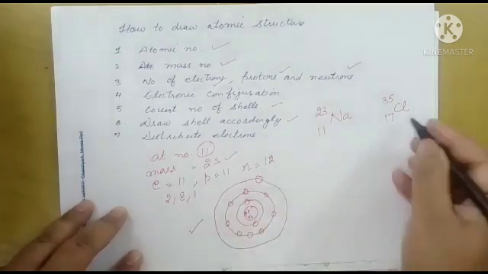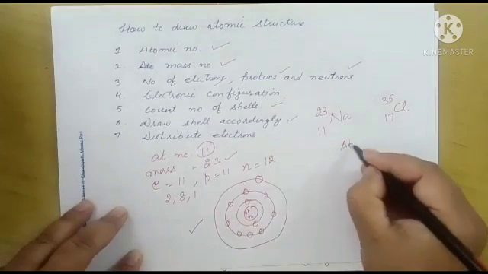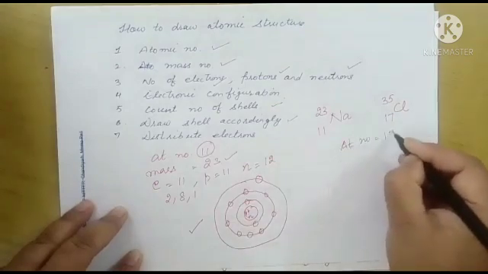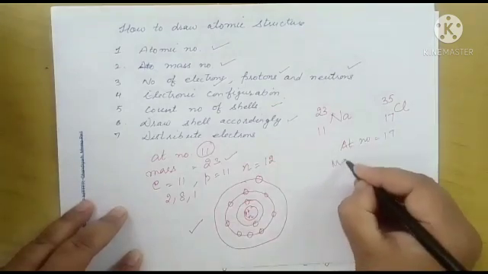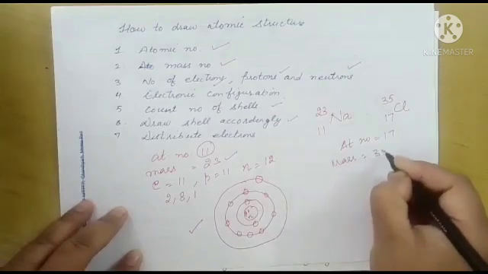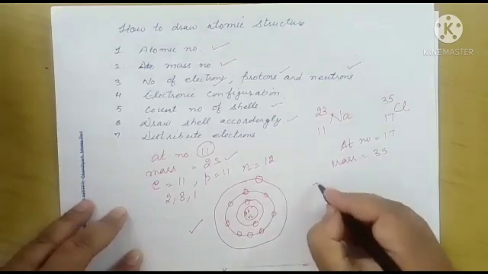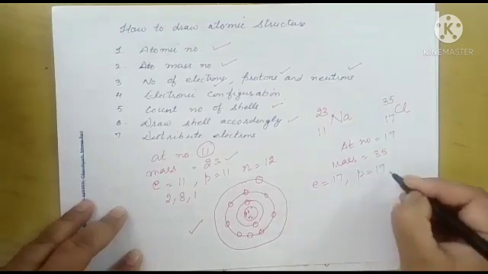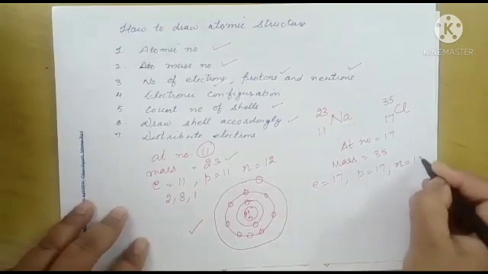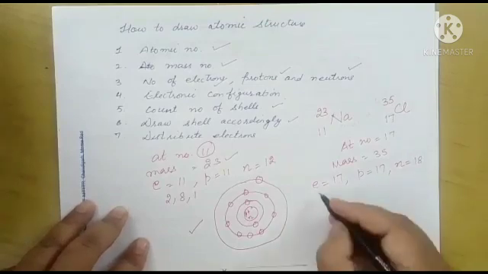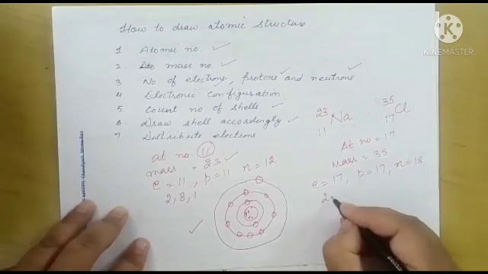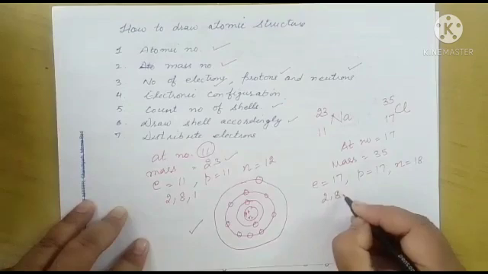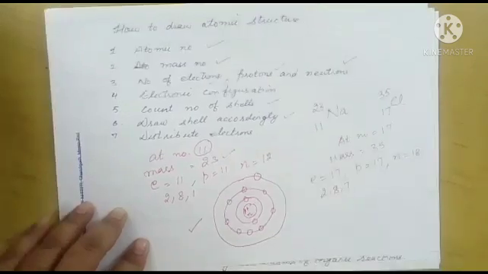In the same way, say chlorine. Atomic number 17, mass number 35, electrons 17, protons 17 and neutrons 18. Electronic configuration 2, 8, 7.